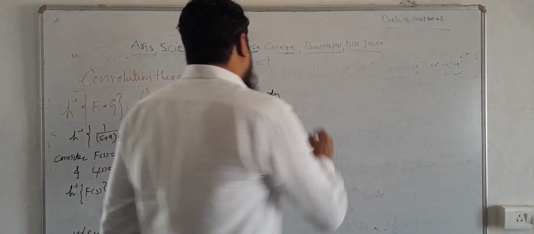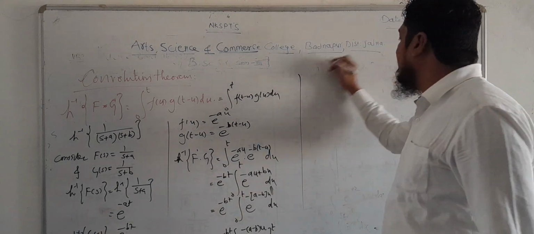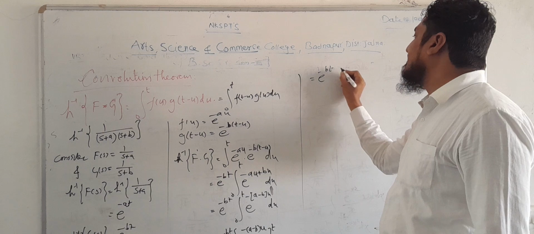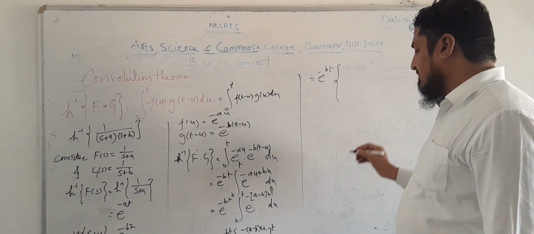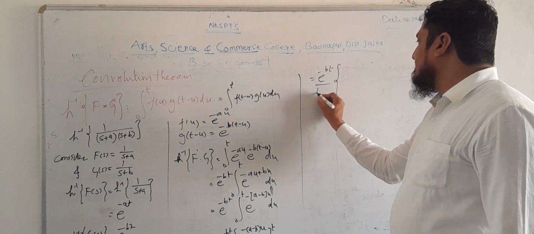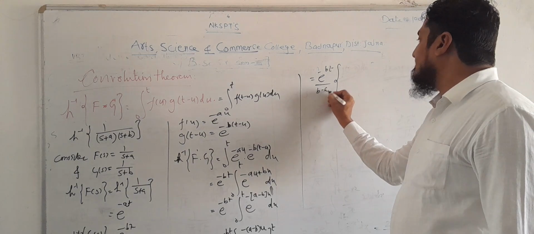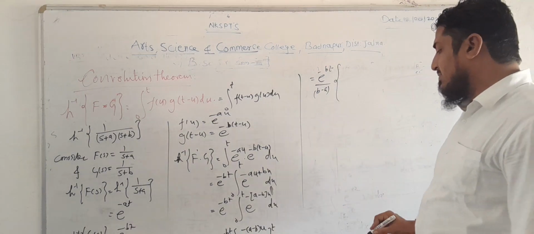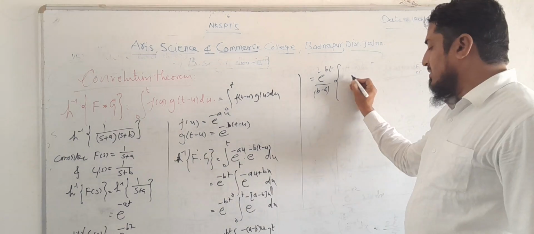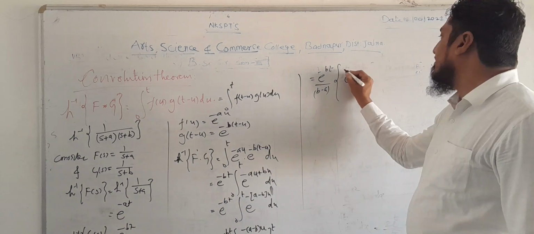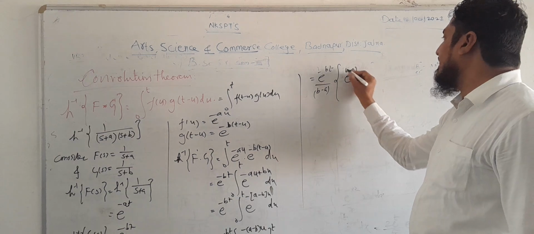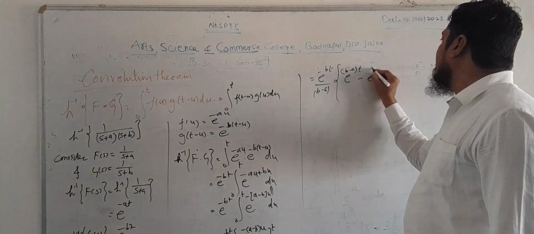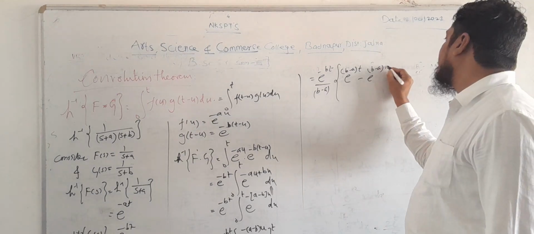0 to t. Now putting values of the upper and lower limit of integration, we will get e raised to minus bt upon minus b minus a. Multiplying minus inside, we will get e raised to b minus a t, and b minus a is not equal to 0.